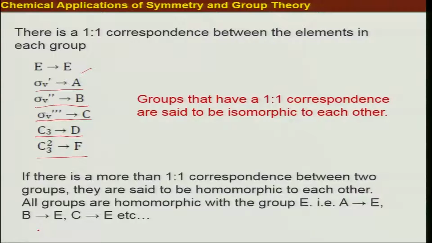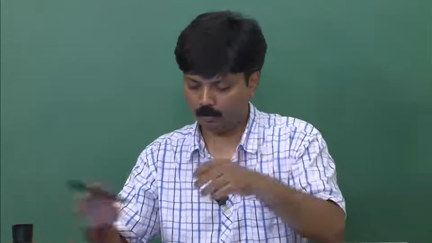All groups are homomorphic with the group E. Obviously, that is not surprising, where A is E, or B is E, or C is E, any element you can think of will have a correspondence with the identity element for that particular group.